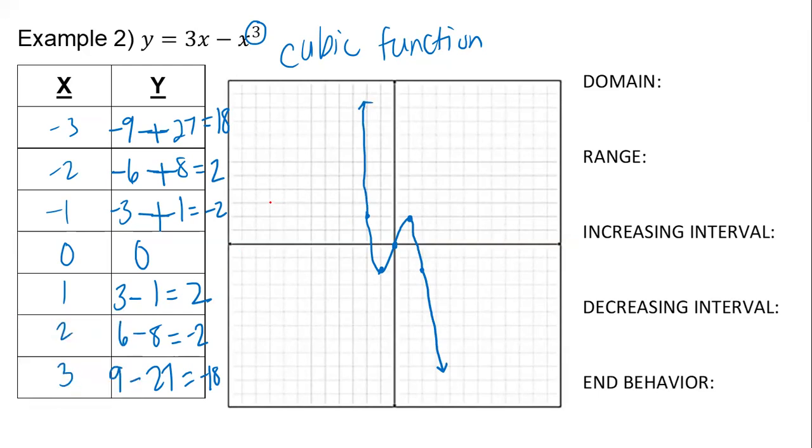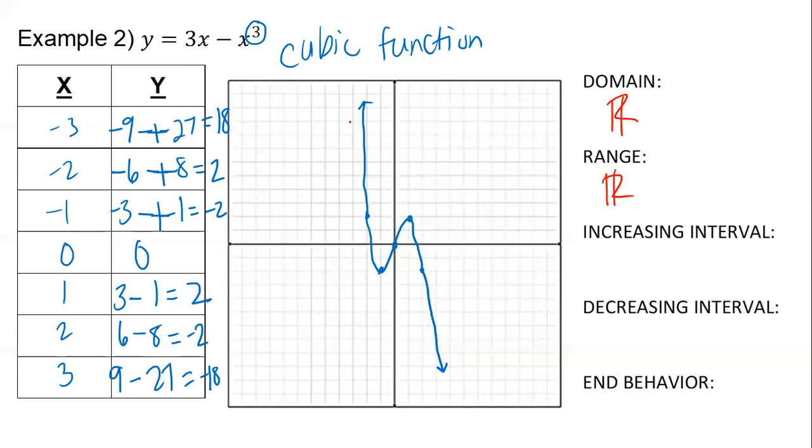So now we're going to analyze the graph. What's the domain here? All real numbers. What's the range here? All real numbers. Increasing intervals. So where am I increasing and decreasing?